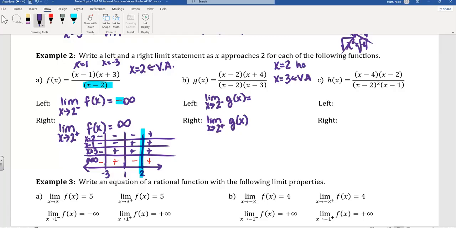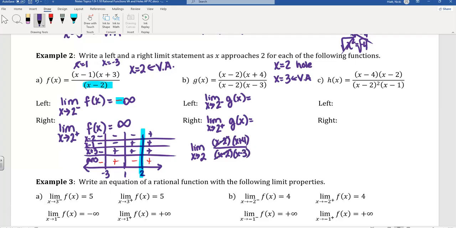There's a hole. All right, so when you have a hole, you should get a number answer. This is sort of like some solving limits. You can do the limit as x approaches 2. You don't have to put the plus or minus because it's going to be the same from both directions at holes. Of x minus 2 over x plus 4 over x minus 2 times x minus 3.